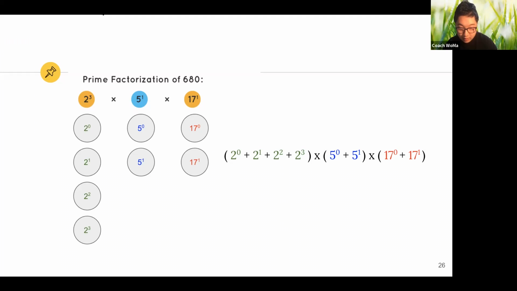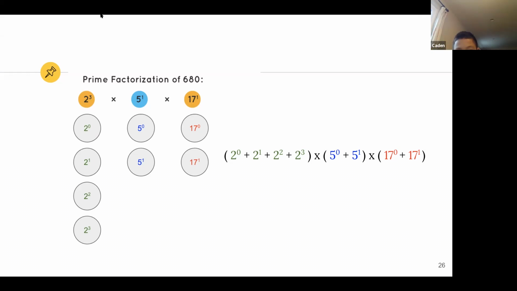Okay. That is interesting. I don't know if it completely works. So you do 2 to the 4th, then you divide by 1.